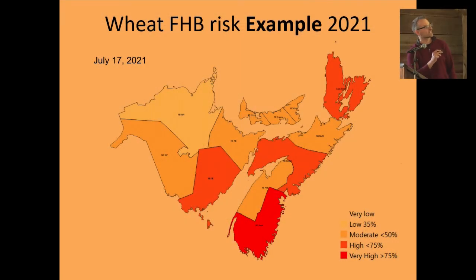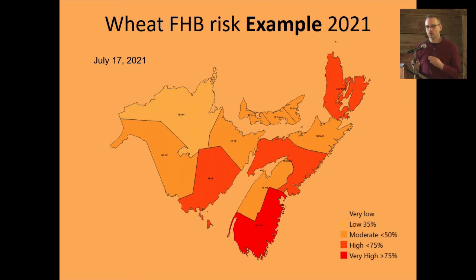So what this model would be doing, let's just use the example of Queens County, is taking the weather station data and looking at the past 7 days from that date, at the relative humidity and temperature, and then calculating the risk based on the number of hours with relative humidity above 90% and temperature above 9 degrees. Every time you calculate it for the day, it's the risk at that day. And then the next day, of course, you're taking 1 day off. So it's not cumulative; it's literally just the risk calculated on that day.